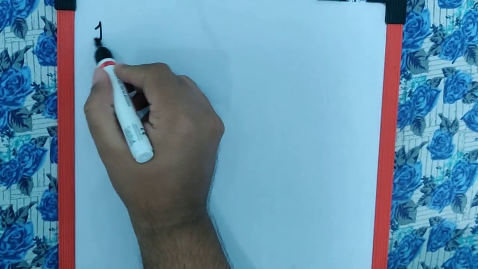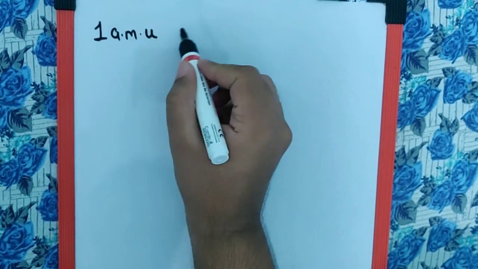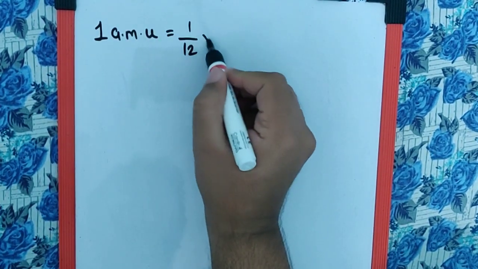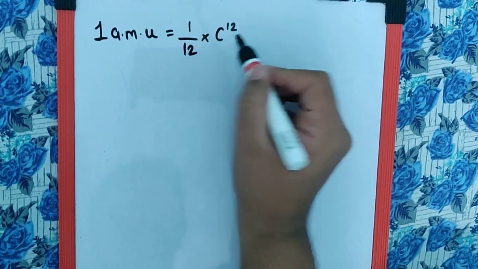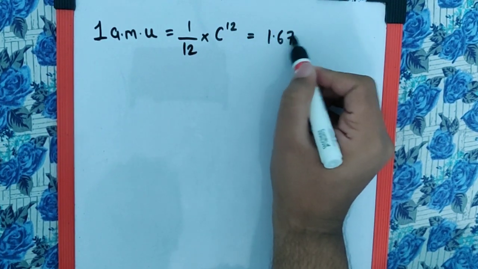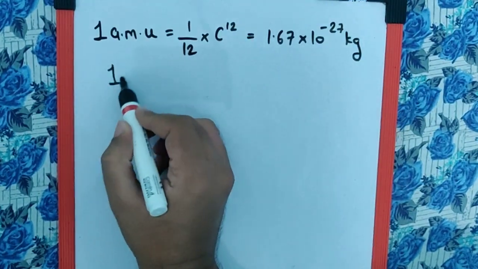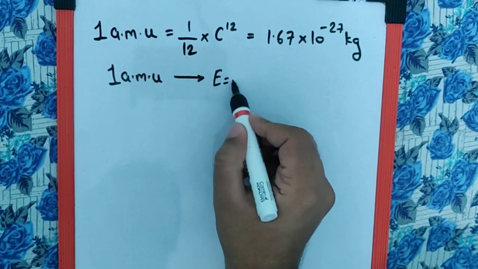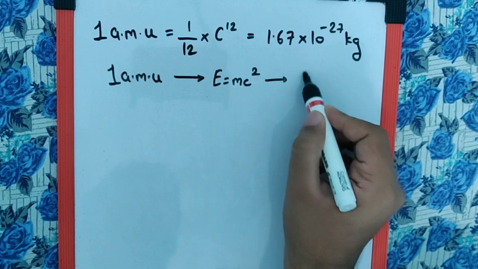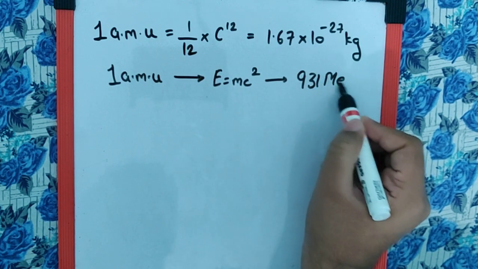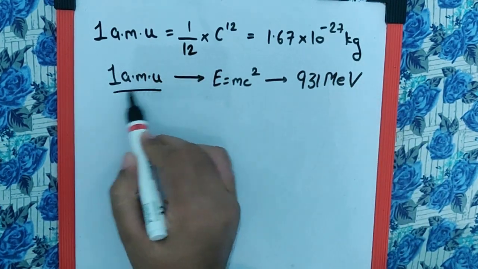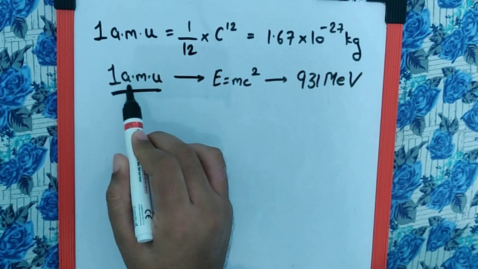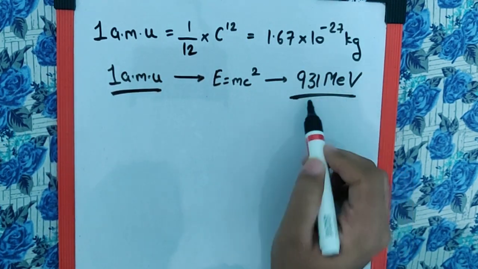Now, as far as the nucleus is concerned, we have a new term called atomic mass unit, which we know is 1 by 12 of the mass of one carbon-12 atom, which is equal to 1.67 into 10 raised to minus 27 kg. The energy equivalent of one atomic mass unit, if you convert it using Einstein's relation mc square, is approximately 931 mega electron volt, which means if one atomic mass unit is converted to energy, we get this much energy.